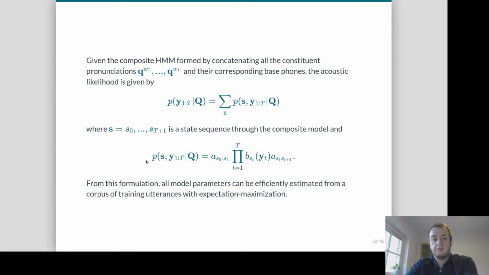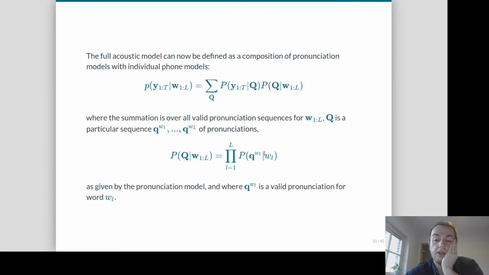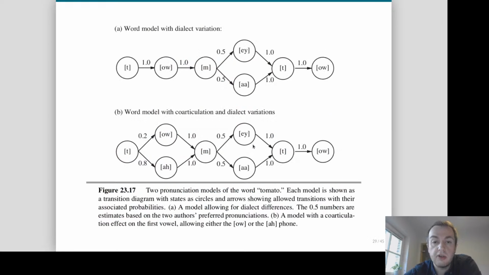And now that we have decomposed our model in terms of this conditional probability distribution of the pronunciation, some pronunciation of a word. So that means basically this Q here would be, for example, one of these paths through this pronunciation model. Right?